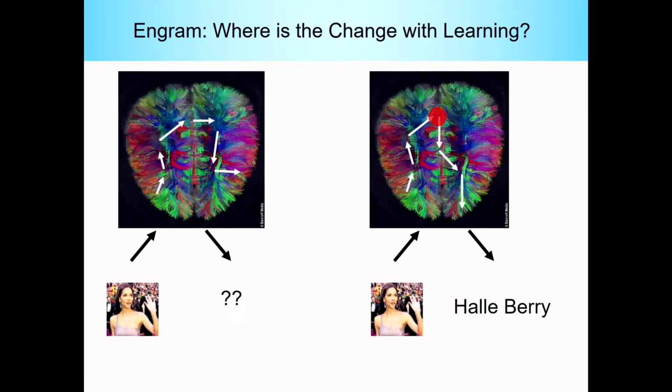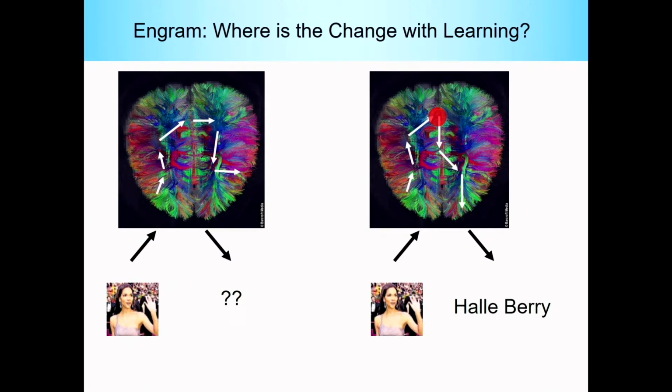So you might imagine if you've never seen this person before, you're shown a picture of her, that's going to activate a whole pattern and pathway of neural activity in the processing of this sensory information, and the output is going to be, I don't know who this is. And then if you tell the person this is Halle Berry, and you've had many experiences of knowing who this individual is, the next time you see the same external stimulus, the pathway is going to somehow lead to an output where you say, oh yeah, that's Halle Berry.